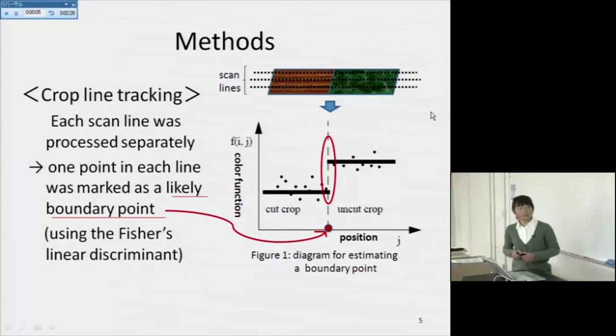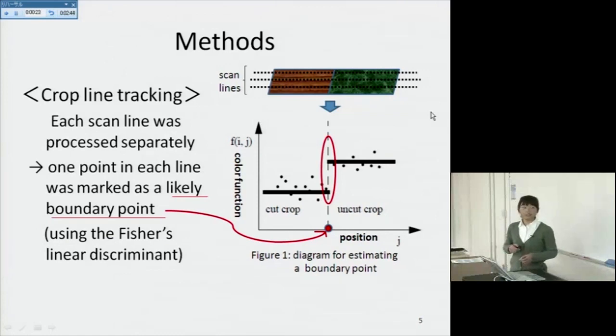This is the method of the crop line tracking system. This is a model of the field. This side is cut crops, and this side is uncut crops.